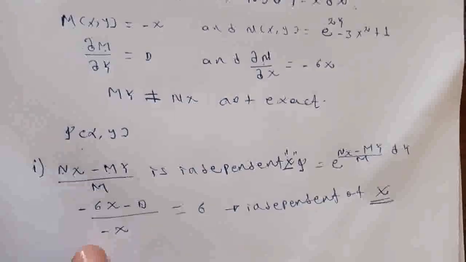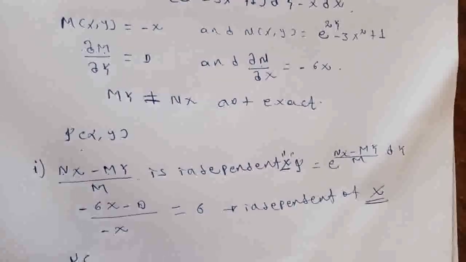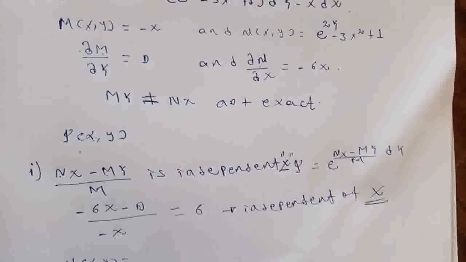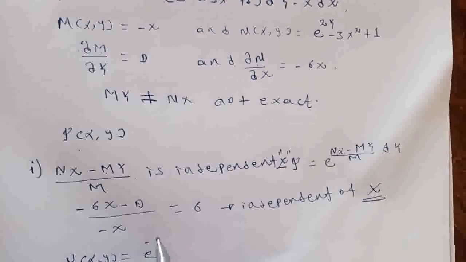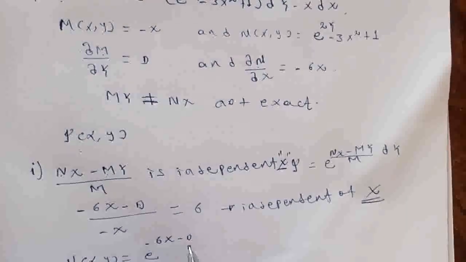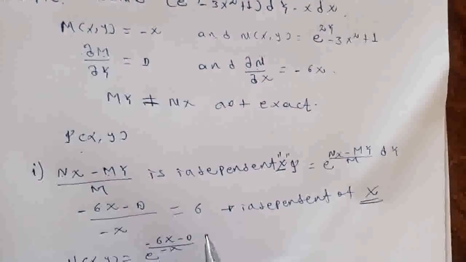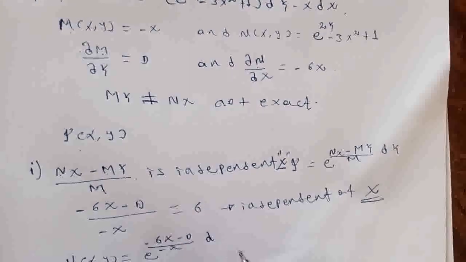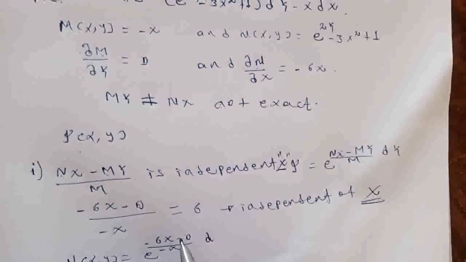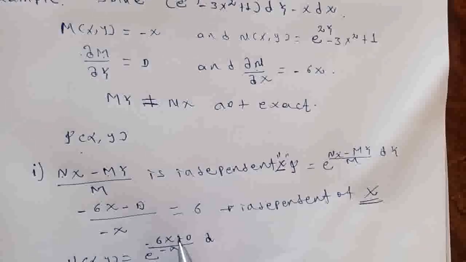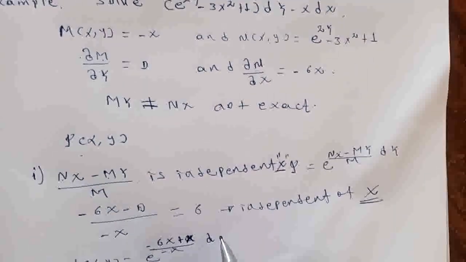Now our integrating factor is mu of xy, or simply mu, which is equal to e to the power of the integral of minus 6x minus 0 over minus x. Sorry about this one, this one is minus x. Minus minus should be plus x dy.